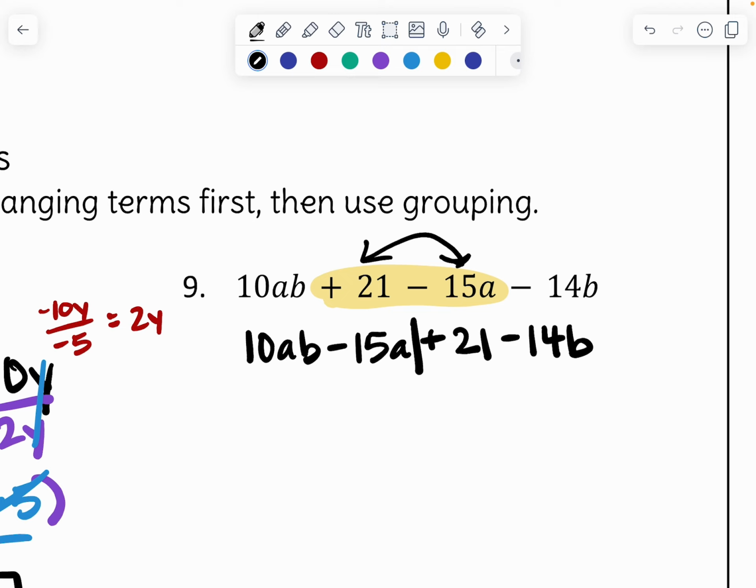So now let's factor by grouping. So 10ab and negative 15a have 5a in common. So 5a. So this will be 2b. And then negative 15 divided by 5 is negative 3, and the a cancels out.